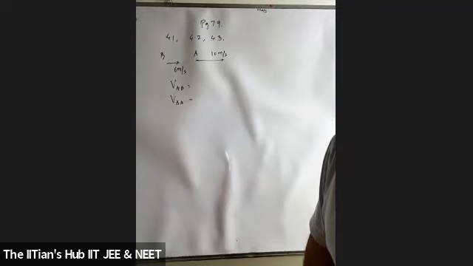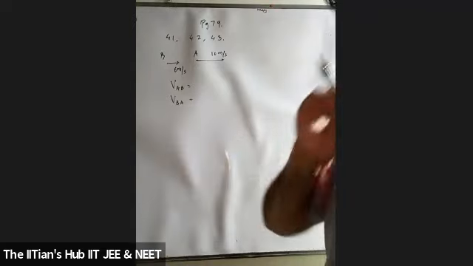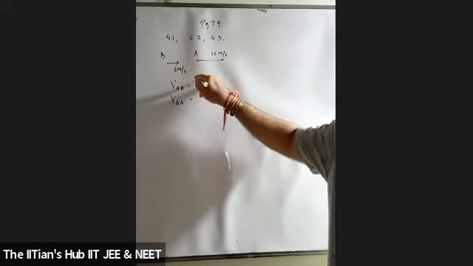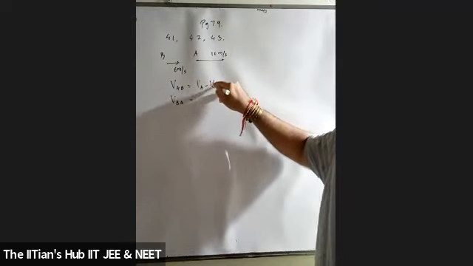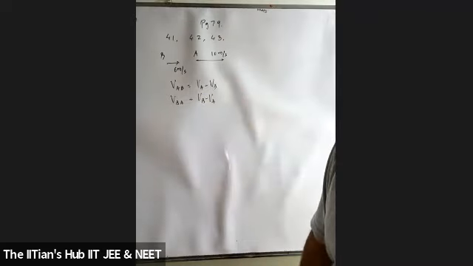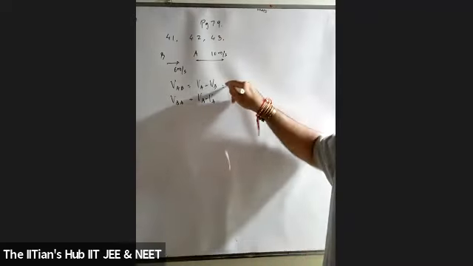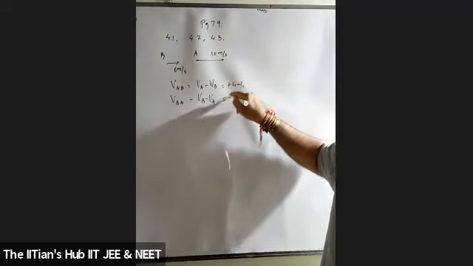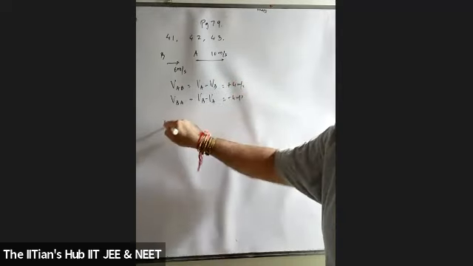Is B defining? B is defining motion of A. So B is an observer. In the second case, who's the observer? A. Now in this case, it's VA minus VB, and this will be VB minus VA. So in both cases, your answer will be equal to how much, students? It'll be plus 4 and minus 4. Absolutely correct.